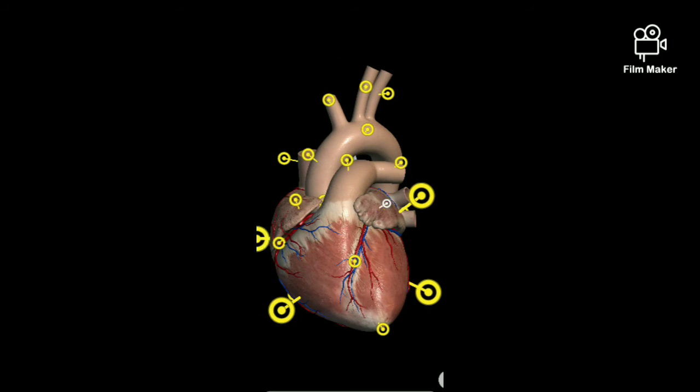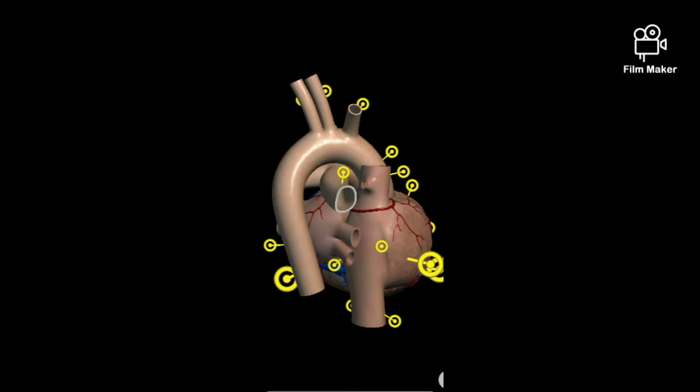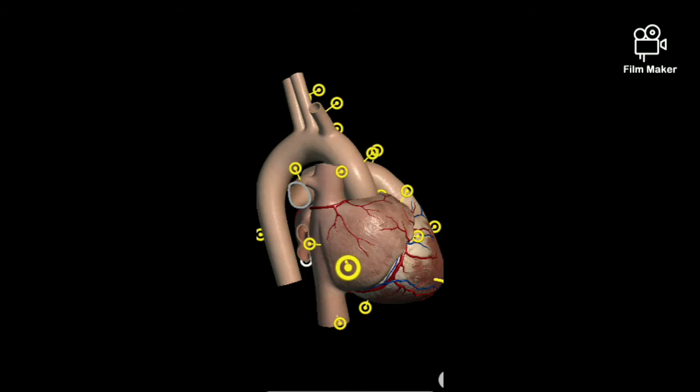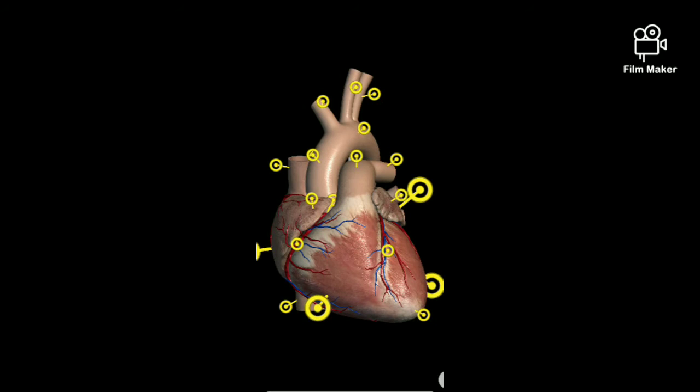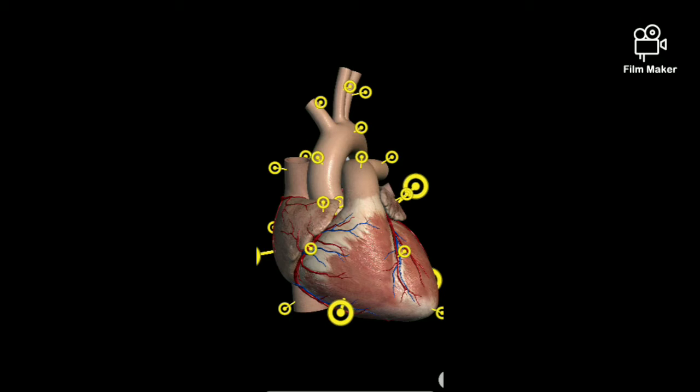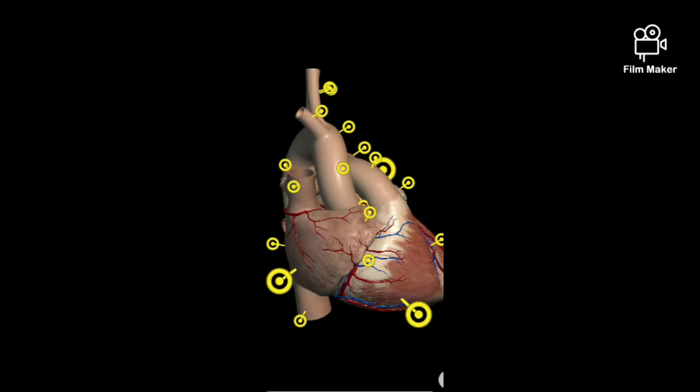It is the remnant of the foramen ovale of the fetal heart, which allows right to left shunting of blood, bypassing the lungs, and closes once the newborn takes its first breath.